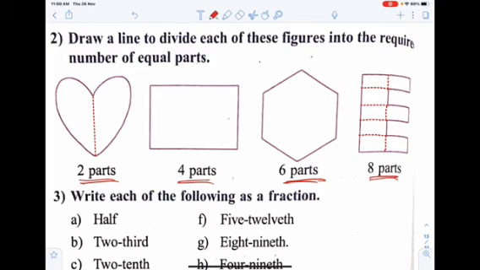Now if you find out, this actually is 1, 2, 3, 4, 5, 6, 7 and 8. You have got 8 equal parts out of this figure. Children, I want you to try the second and the third one as an assignment.